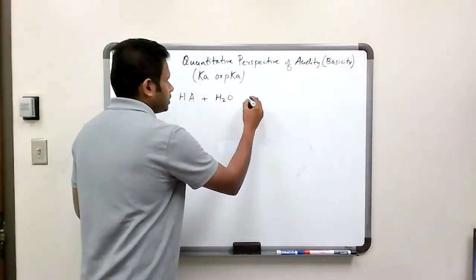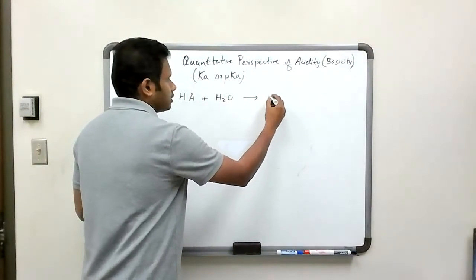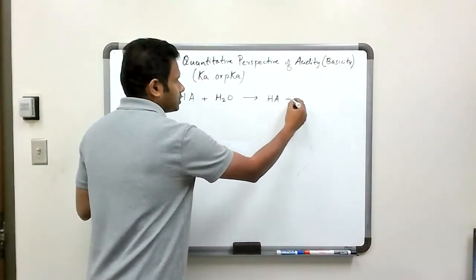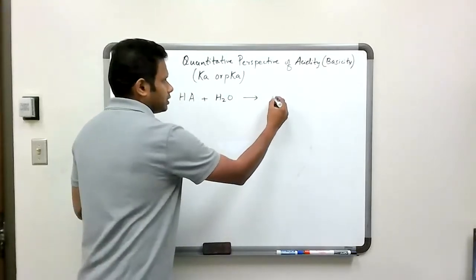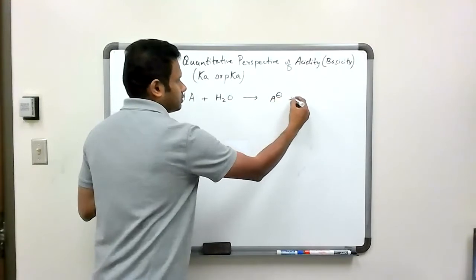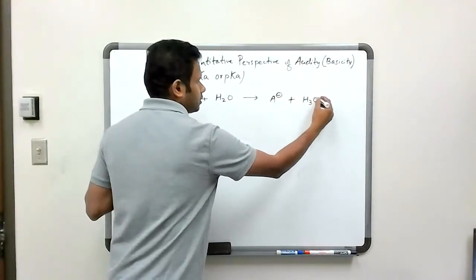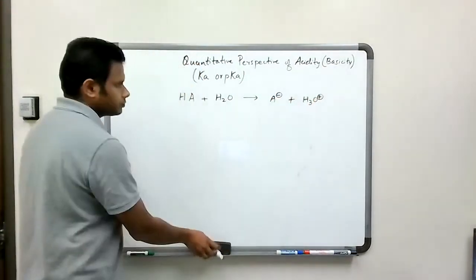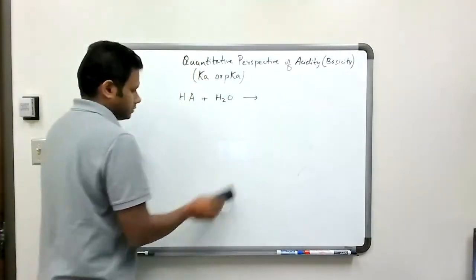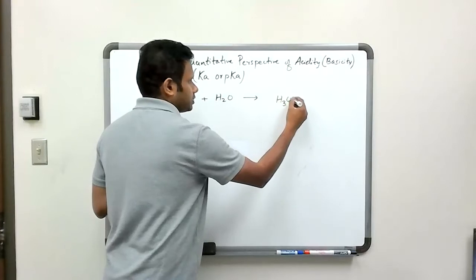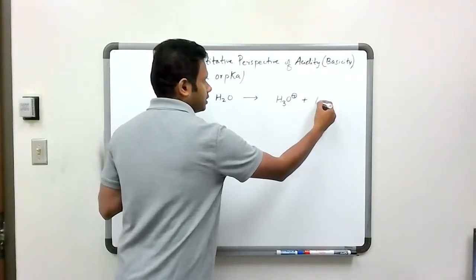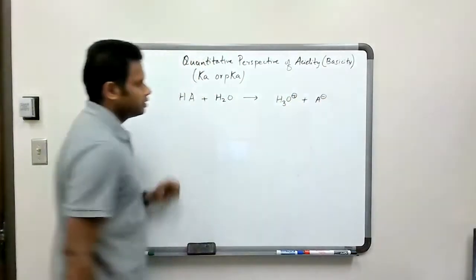So when this acid is dissolved in water, it's not going to stay HA, it's going to give us A minus plus H3O plus. Or for the sake of simplicity, to make it similar to what we've been doing, let's just say H3O plus and A minus.